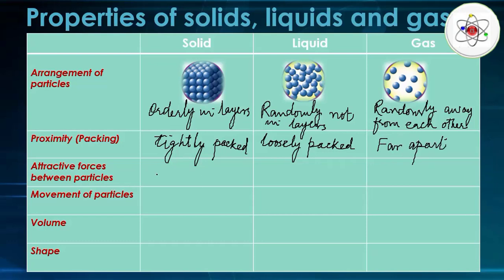As far as attractive forces between the particles are concerned, a solid must have very strong attractive forces between the particles which hold them together in layers, very close to each other.